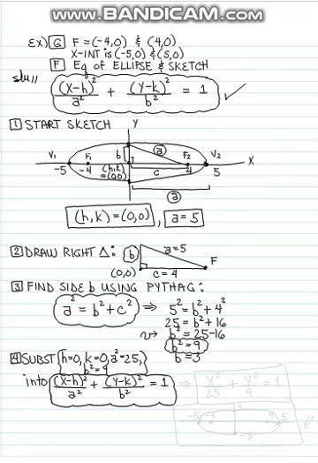And that will give us our answer. It is x minus 0, so it's just x squared, over a squared is 25, plus y minus 0 squared is y squared over 9, equals 1. So there's the equation of our ellipse.